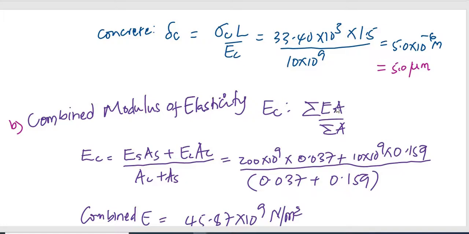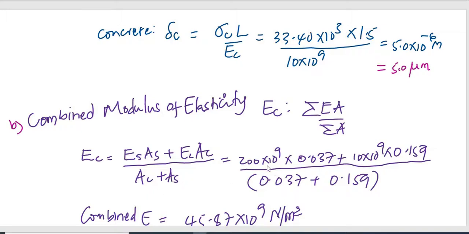EC is equal to the sum of the modulus of elasticity of the different components times their respective areas, divided by the total area of cross-section of the different materials. If I expand this, it will be modulus of elasticity of steel times cross-section area of steel plus modulus of elasticity of concrete times area of concrete, divided by area of concrete plus area of steel.